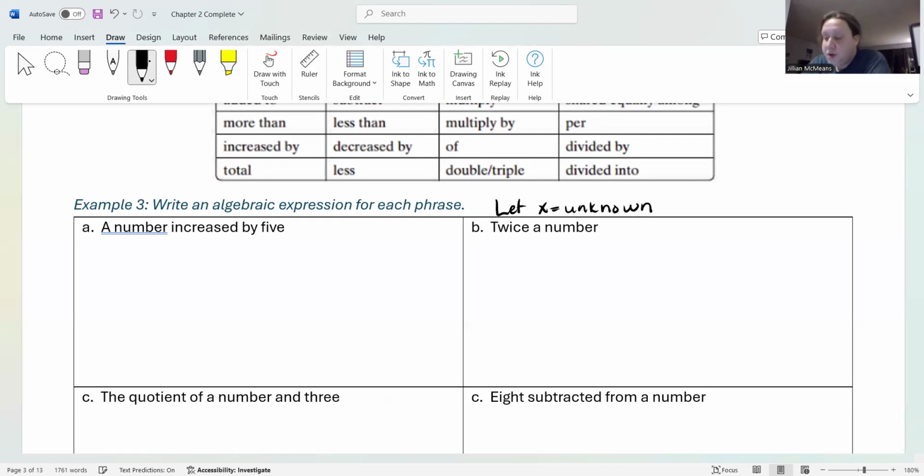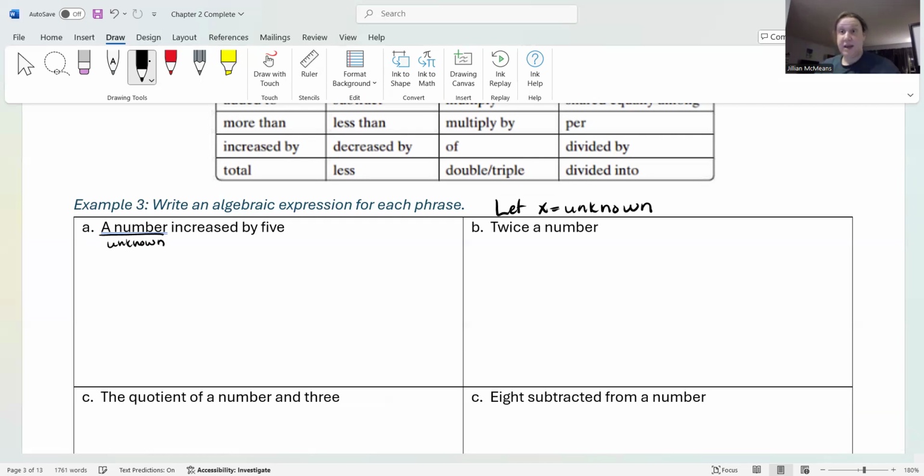For part A, it says a number increased by 5. We want to take our skills in algebra and problem solving, merge those two worlds, and create an algebraic expression to represent this sentence. Well, we have a number. We don't know what that number is, so this is some unknown value.